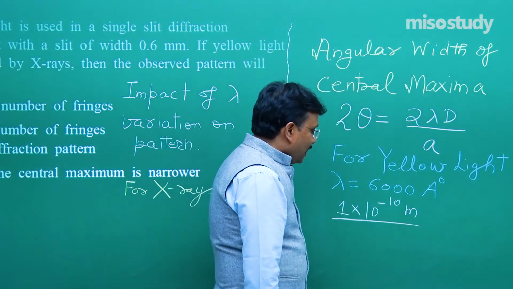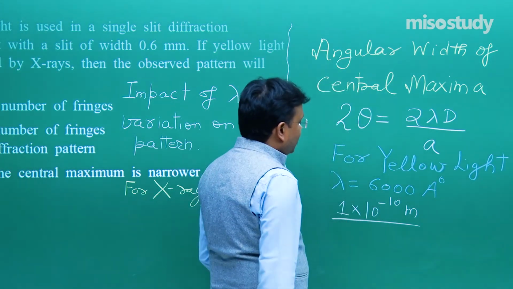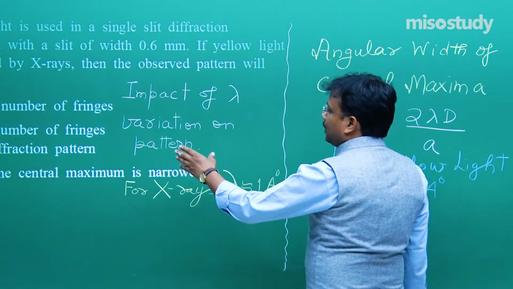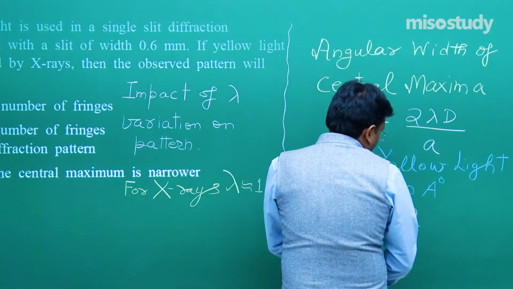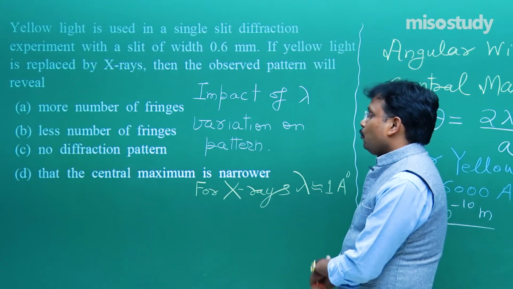So now what we can say, that the difference is very large over here. Fine. So what exactly the pattern is going to be? More number of fringes, less number of fringes, no diffraction pattern. What will happen?